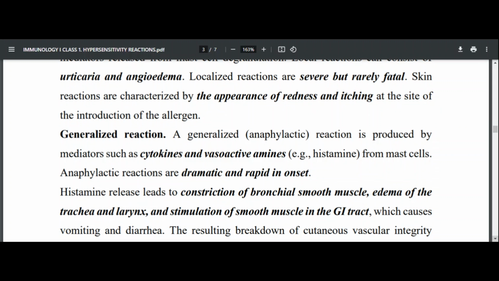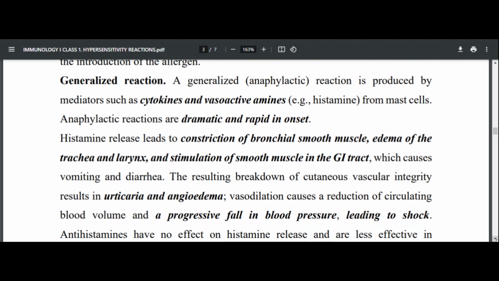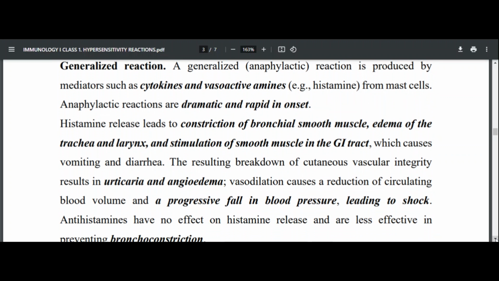Histamine leads to constriction of bronchial smooth muscle, edema of the trachea as well as larynx, and stimulation of smooth muscle in the GI tract which causes vomiting and diarrhea. And the resulting breakdown of cutaneous vascular integrity results in urticaria and angioedema as well. So vasodilation can also cause reduction of circulating blood volume and progressive fall in blood pressure, which leads to shock.